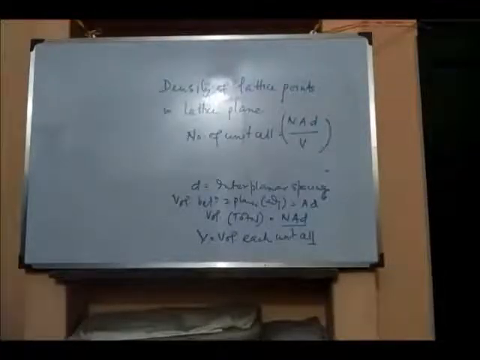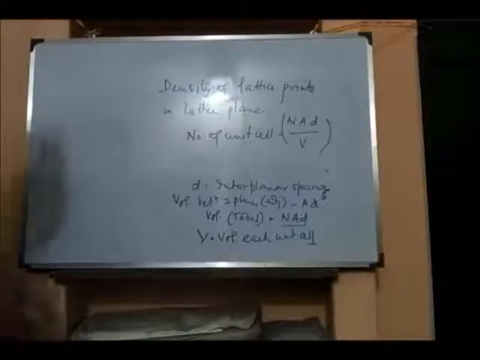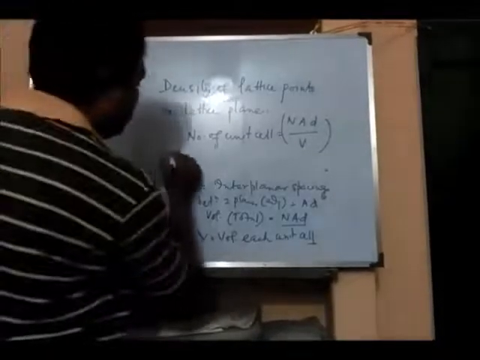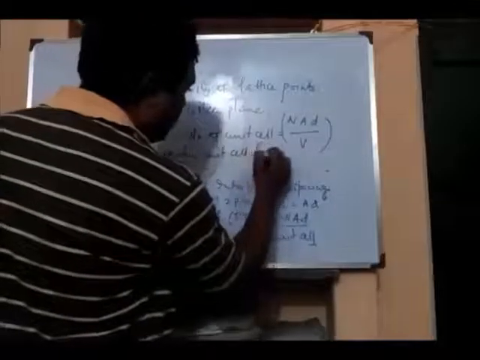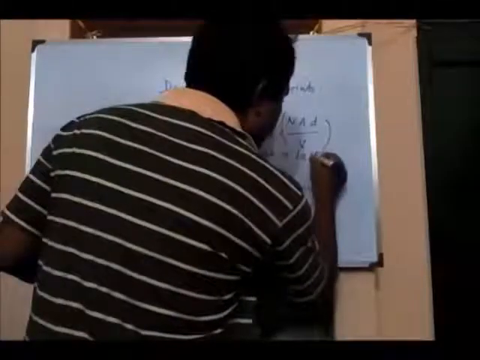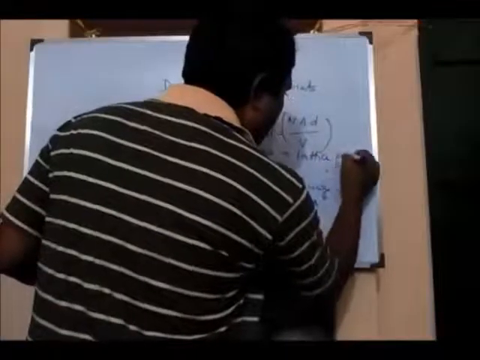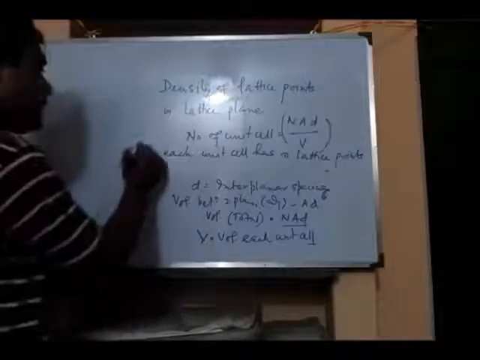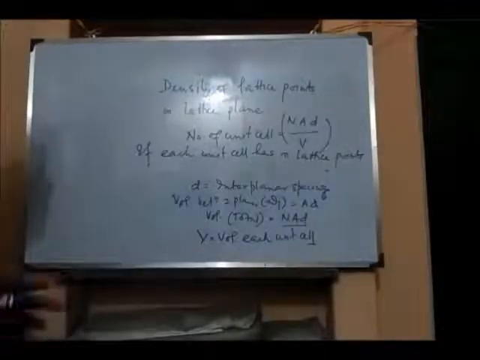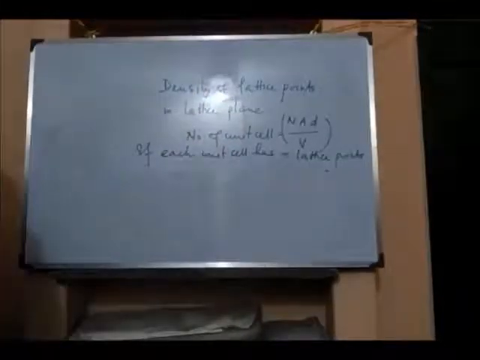Now, say for example, each unit cell has small n number of lattice points.